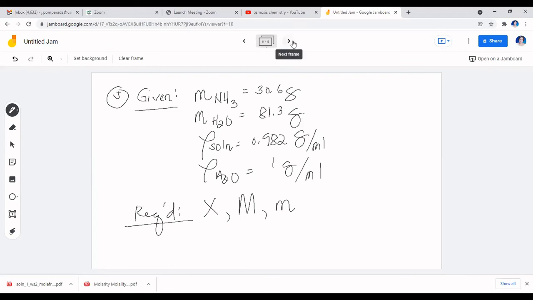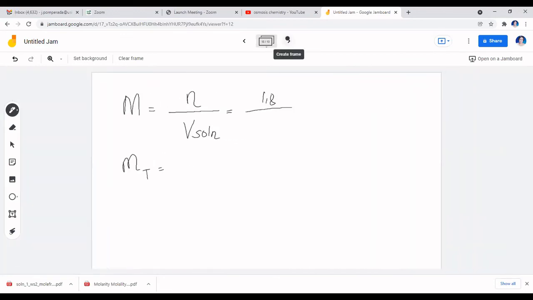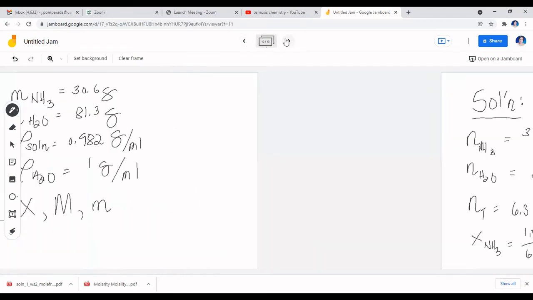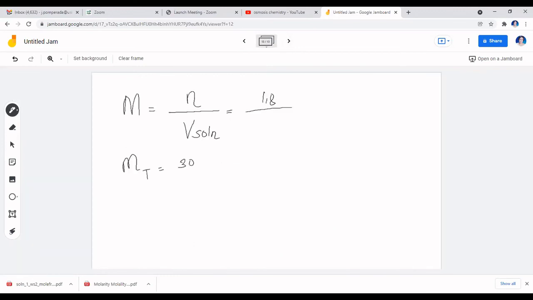And the answer is 111.9, right? Total mass, 30.6 and 81.3. So this is 111.9, correct?